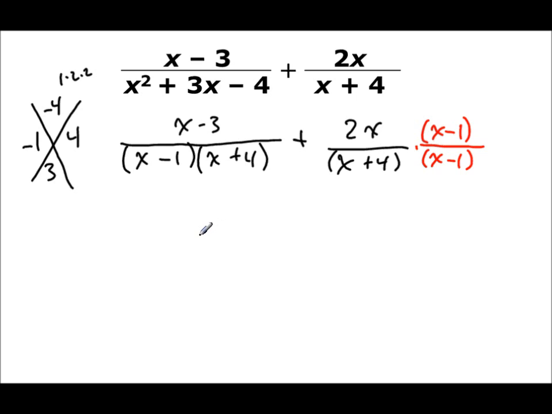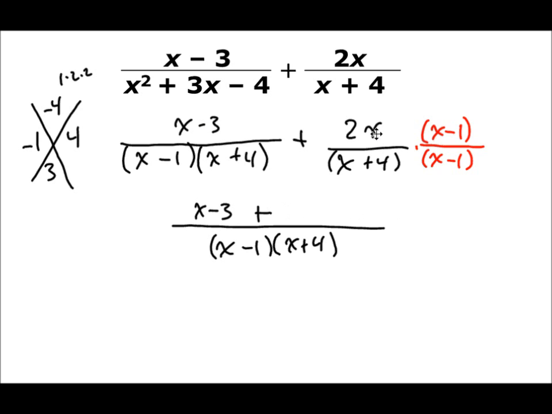So let's go ahead and write everything over a common denominator. My common denominator is x minus 1 times x plus 4. And all of this is over, I've got a numerator of x minus 3 plus, now I'm going to go ahead and take 2x and multiply it by this binomial.